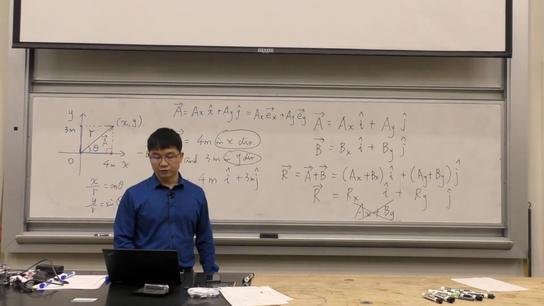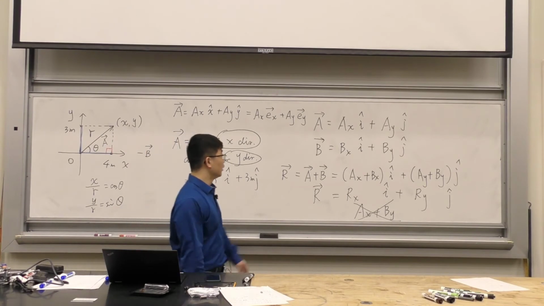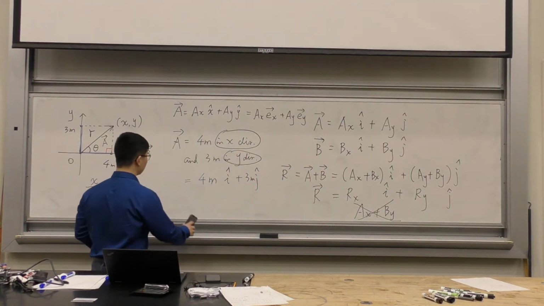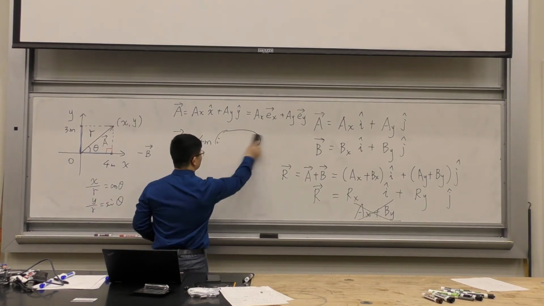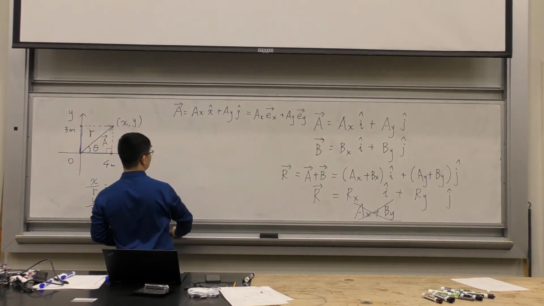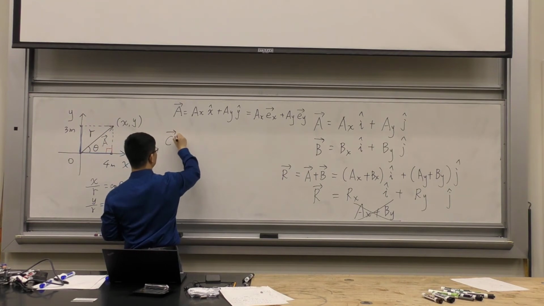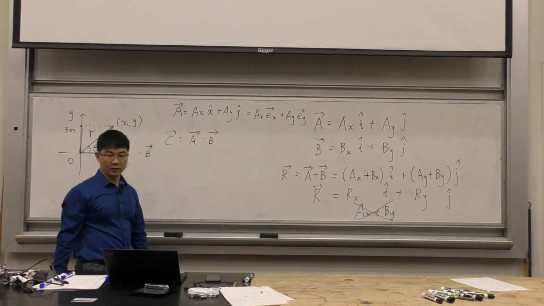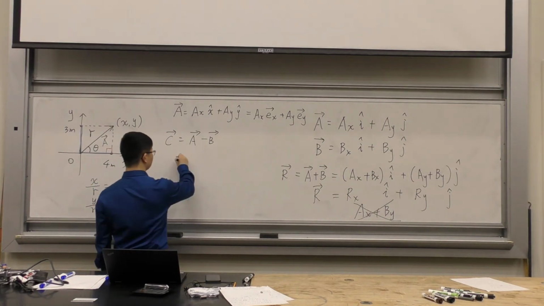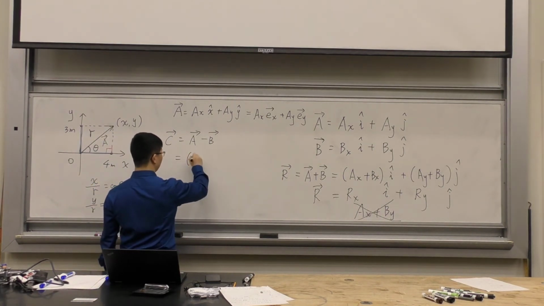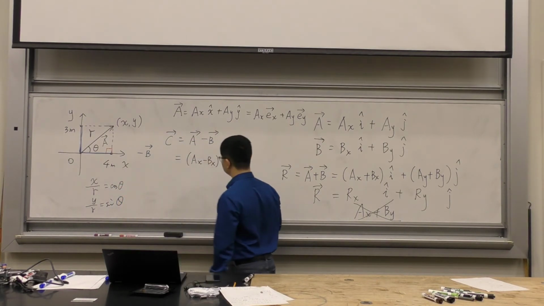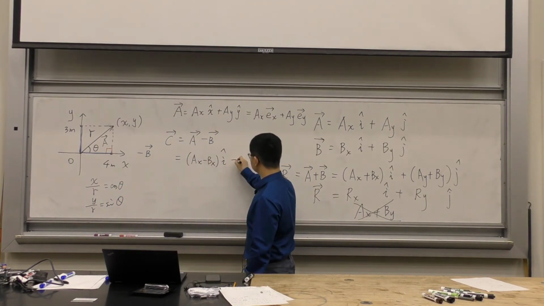And of course, if you want to subtract these two vectors, you just subtract these two components, right? So you will get the component form of another vector. Say I want to find c vector equals a minus b, right? I'm just going to subtract all these vectors. So I would just get ax minus bx. That's going to be i hat, the new component of this c vector.